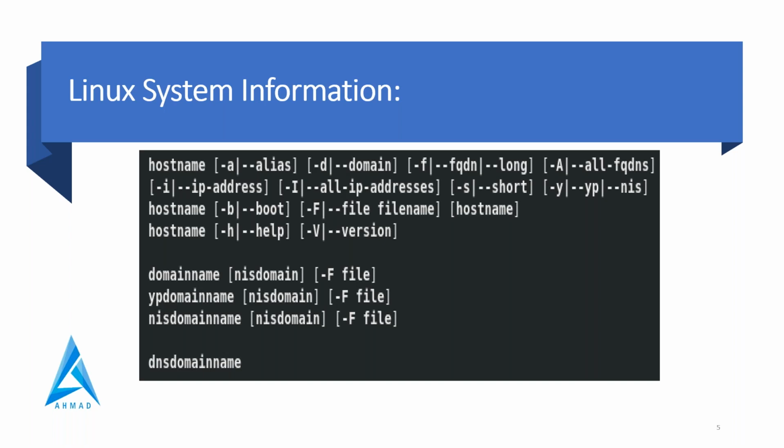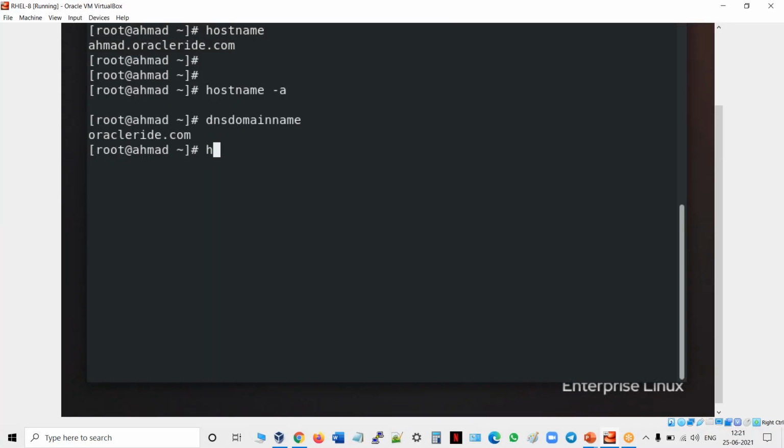So we have capital I, small s, small y, then hostname -b, then hostname capital A, then hostname -h, and hostname -v, that is for version. So we can use these with the hostname command as options. This will tell you about the information. Let me check a few, not all.